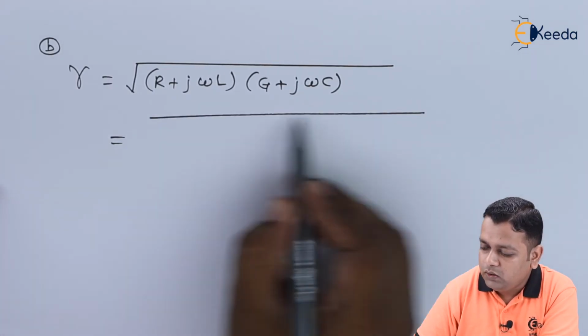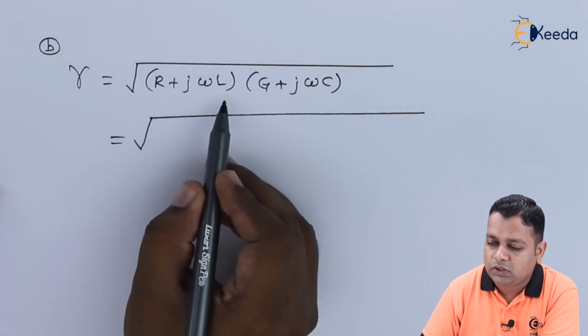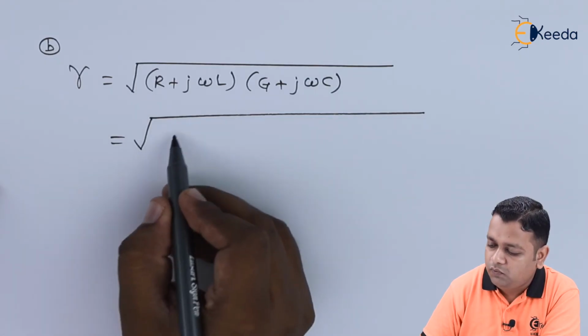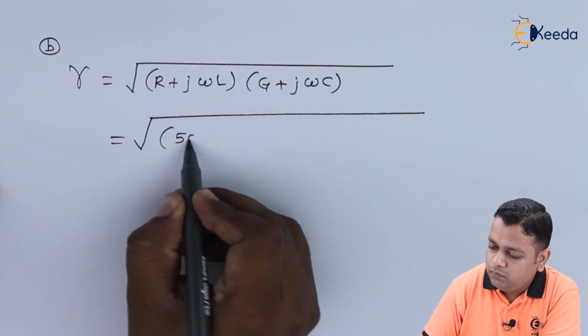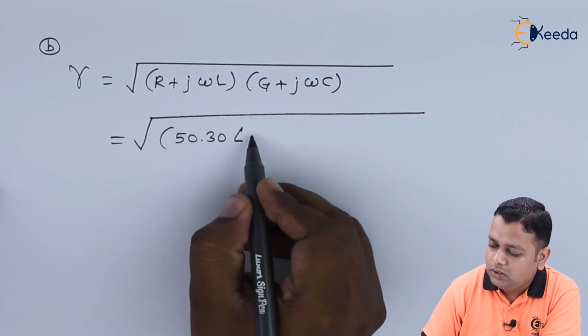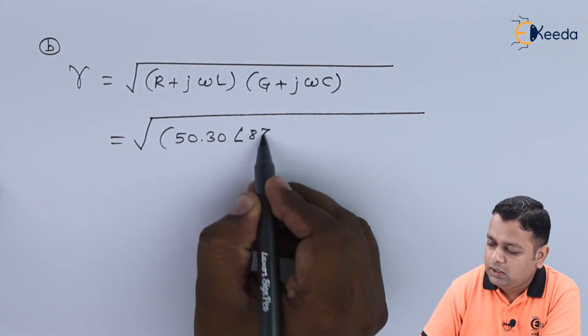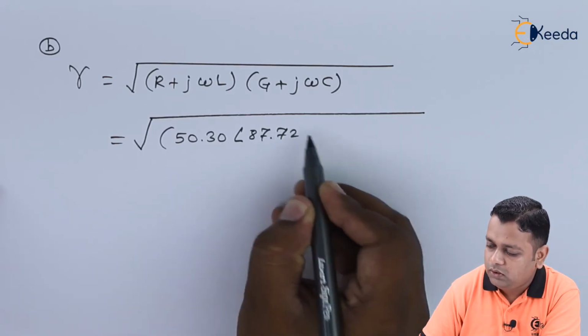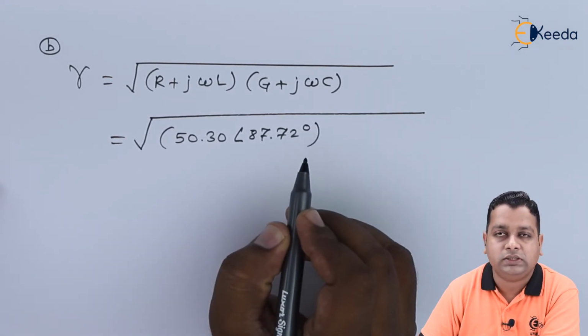For the first bracket, we have within the parenthesis 50.30, the magnitude, along with the angular portion 87.72 degrees.